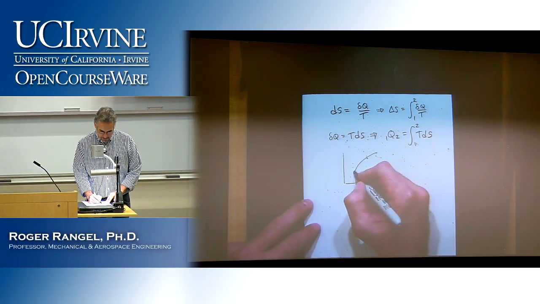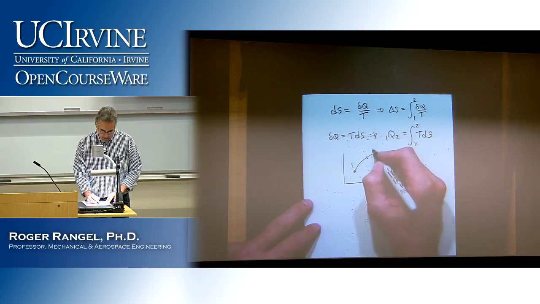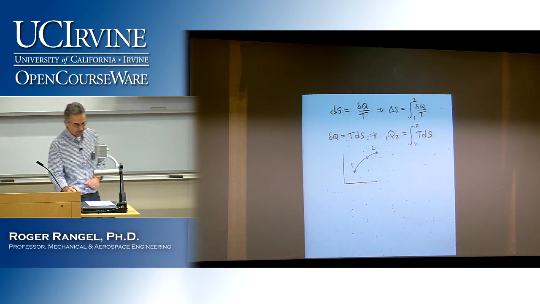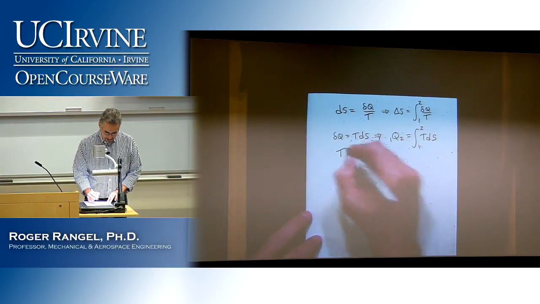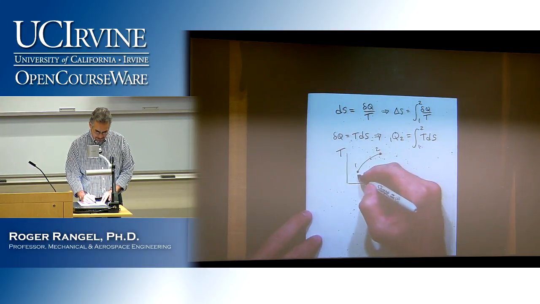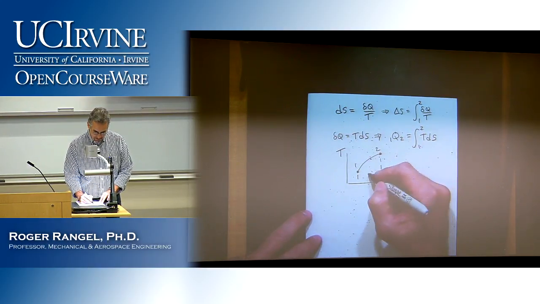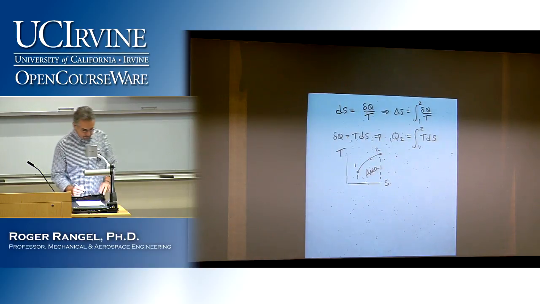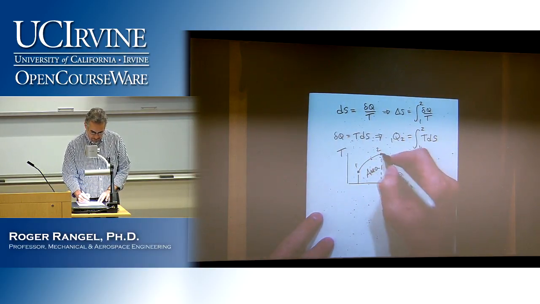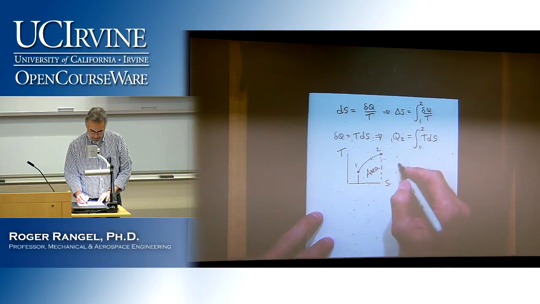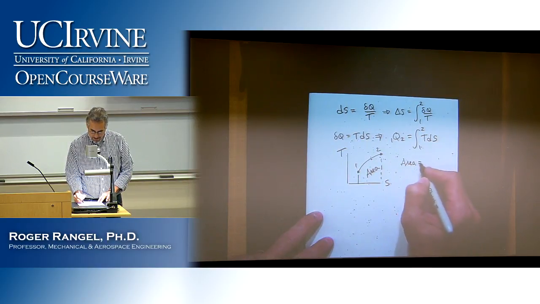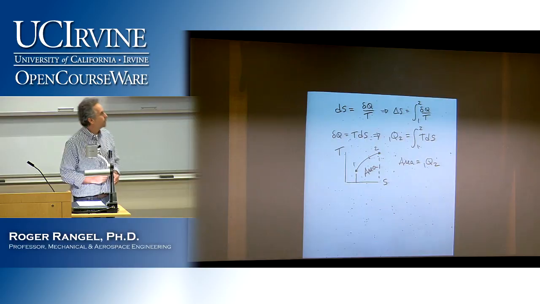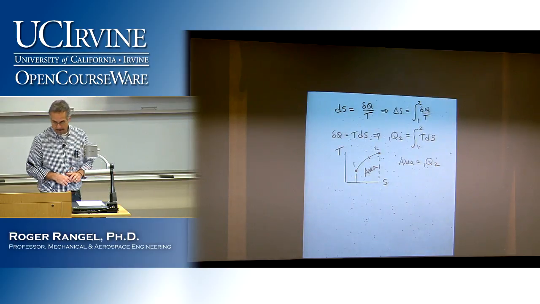So if this was the process from 1 to 2, and this is T and this is S, then indeed this area under the curve is Q12. So that's where that comes from.